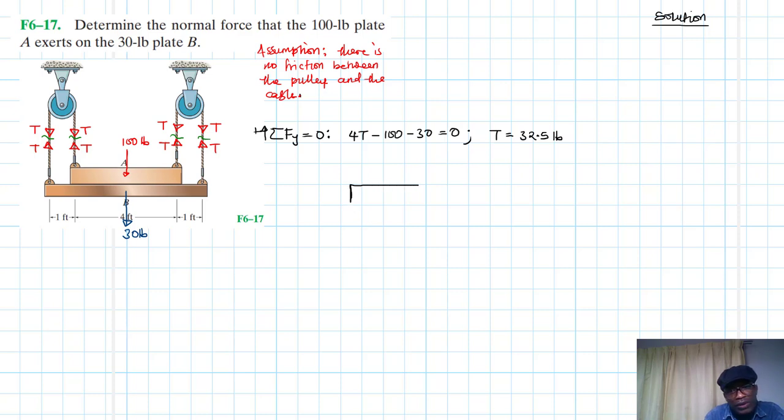So we have this plate A, and then of course we have a tension there that we just calculated of 32.5 and 32.5.